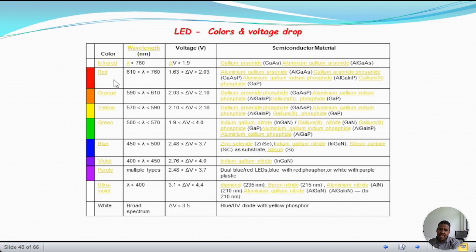For red LEDs, the voltage drop is from 1.6 volts up to 2.03 volts, and the materials are aluminum gallium arsenide phosphide. So different colors come from different semiconductor materials, with different voltage drops and wavelengths.